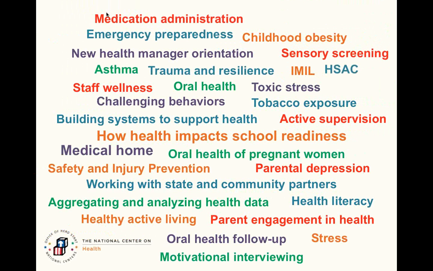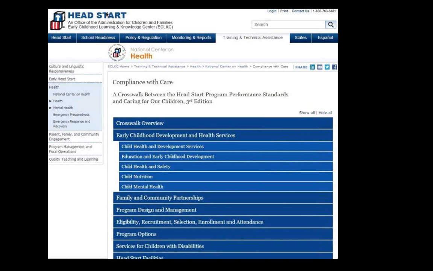What we have done is link this electronic version with the Head Start Performance Standards. So you'll see when you're on the NCH page in ECLKC, these headers that all sort of fit with the Head Start Performance Standards, and then the accordion opens up.